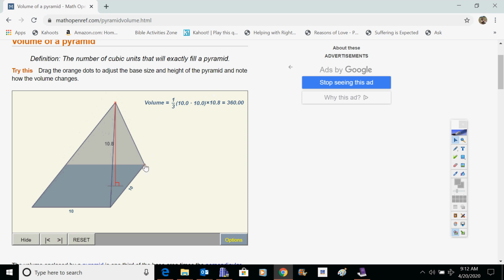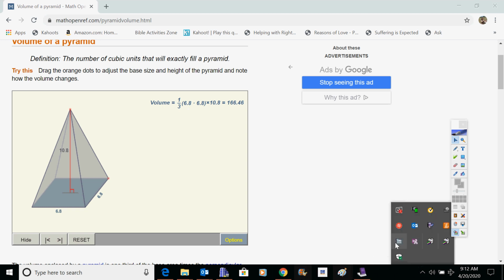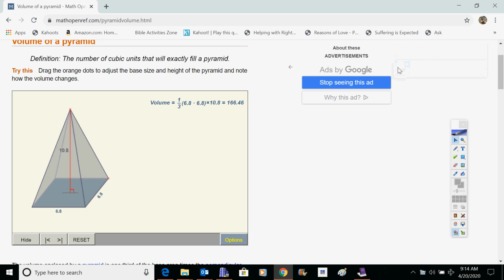This particular program allows us to change the base. In this case with a square on the bottom, the area of the square is our area of the base times the height. So 1/3 the area of the base times the height is the volume formula for the pyramid.